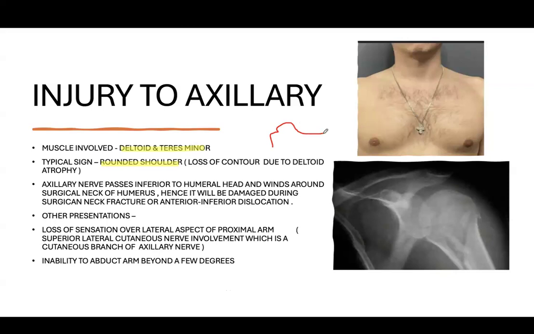But what would happen if you have deltoid atrophy due to axillary nerve injury, because the axillary nerve supplies the deltoid, is it would look something like this. You see what I mean? The shoulder would be rounded, and there would be loss of definition. You wouldn't be able to see any muscular definition or any bones. It's very obvious.